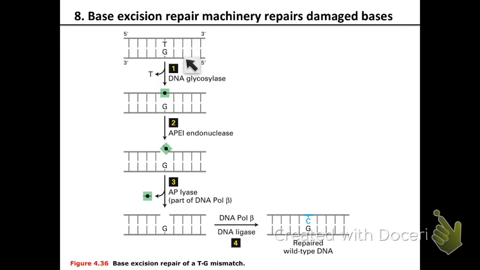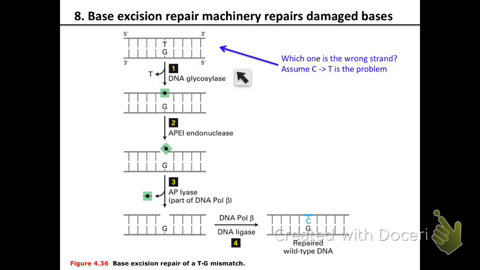And once it recognizes these sites, the first thing that it does is to decide which one is the correct strand, right? So to a protein that's not traveling with the replication proteins, it doesn't know which one is the right strand.